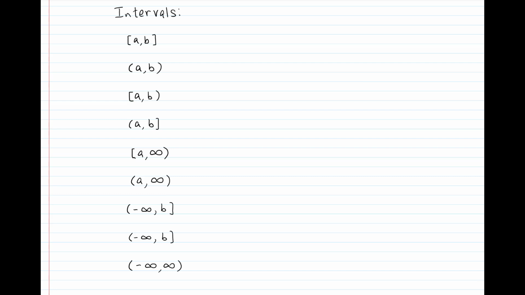I would write that thing equals the set of all x's in the real numbers such that x is equal to or greater than A and less than or equal to B. See, I'm using set builder notation to give an actual definition for the closed interval from A to B.